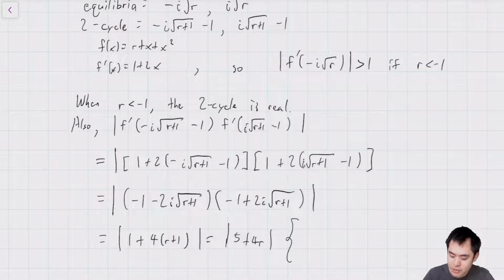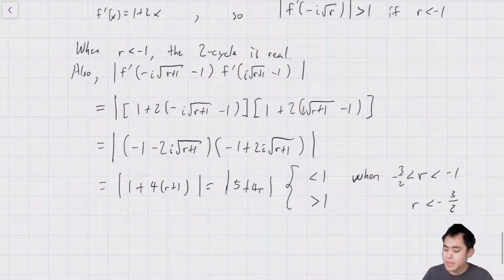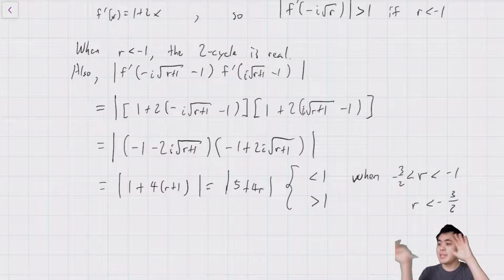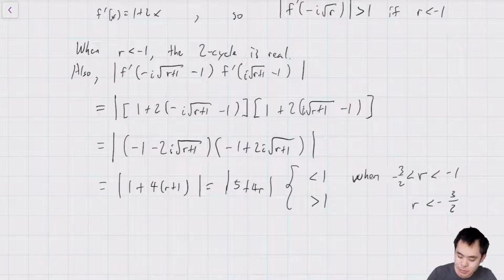And it turns out that this is less than 1 when r is greater than minus 3 halves and less than minus 1, and greater than 1 when r is less than minus 3 halves. So thus, when r is less than minus 1, immediately after it goes past minus 1, you end up with a stable 2-cycle.